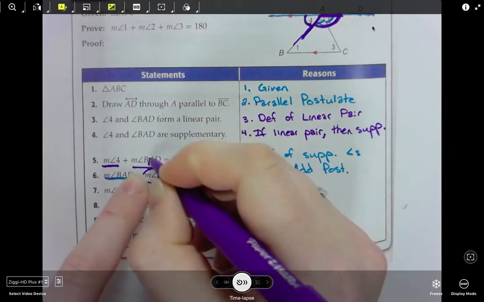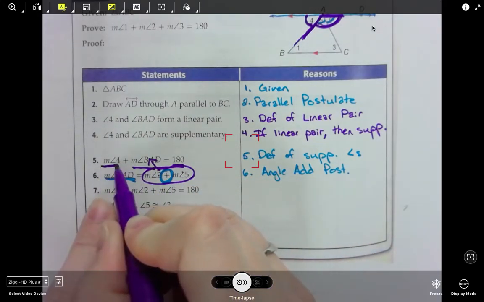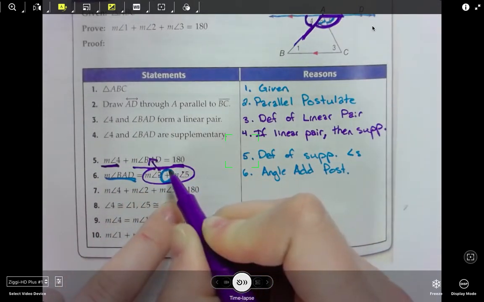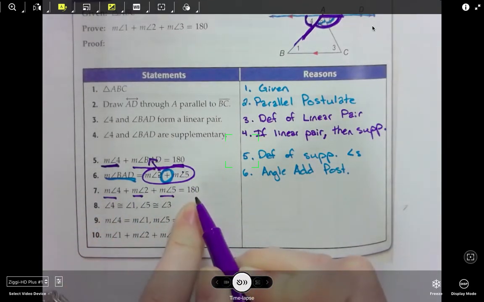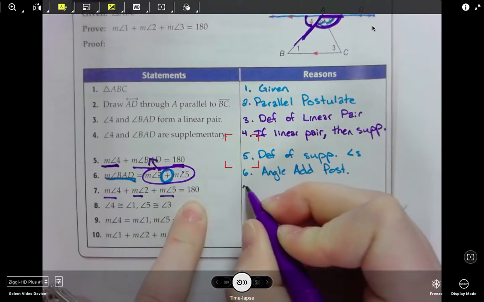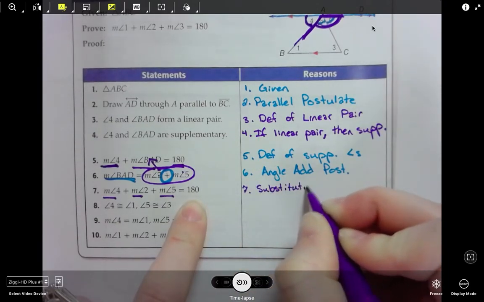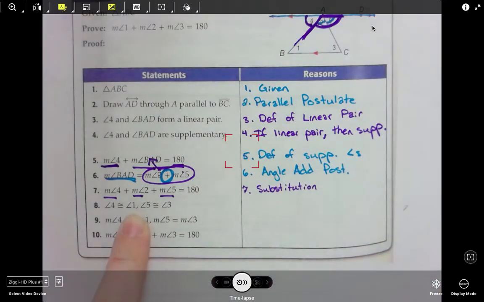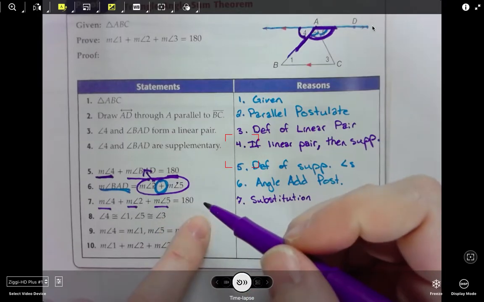We're just replacing the BAD up here with 2 plus 5, okay? So now we have angle 4 plus 2 plus 5 gives me 180. So what we've done there is just substitution. Okay, all right, now angle 4 plus 2 plus 5 is 180, okay?